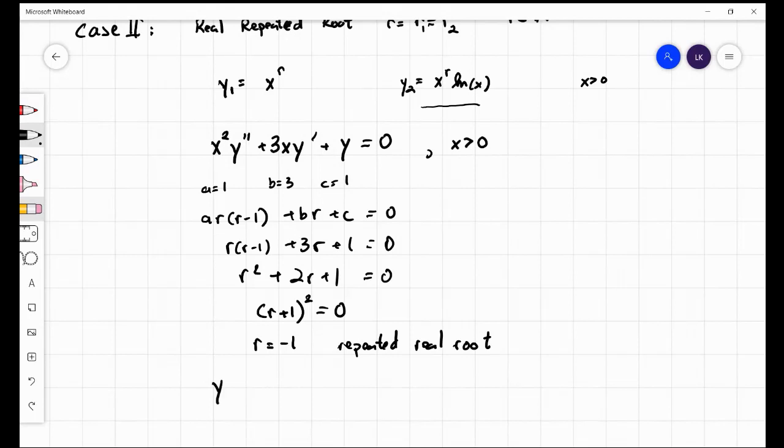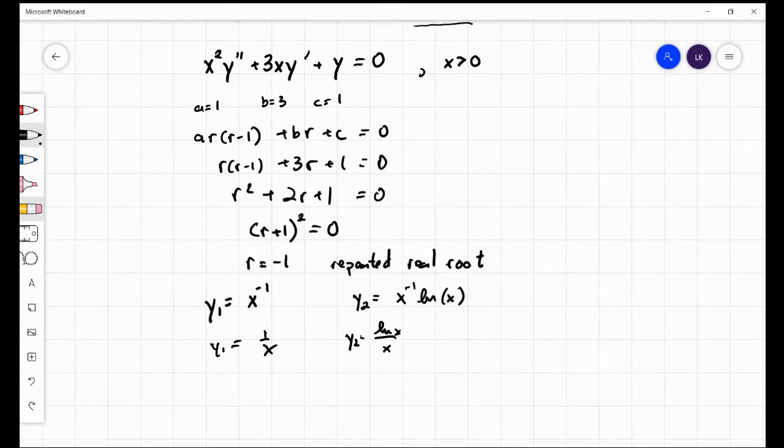So then the claim is that the first function that works here is x to the -1. The second function that will work is x to the -1, but multiplied by natural log of x. And these, again, you compute the Wronskian or something to confirm these are independent. You can even derive this second solution using reduction of order.